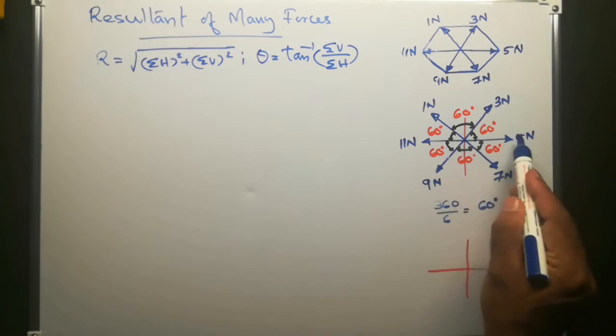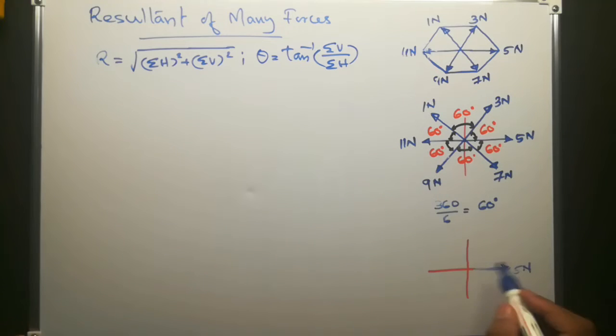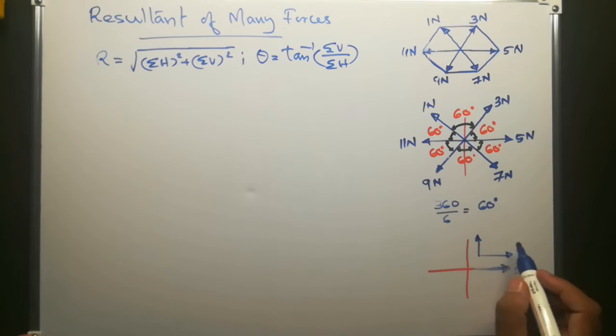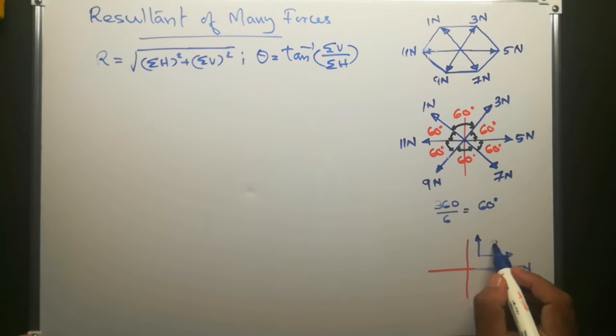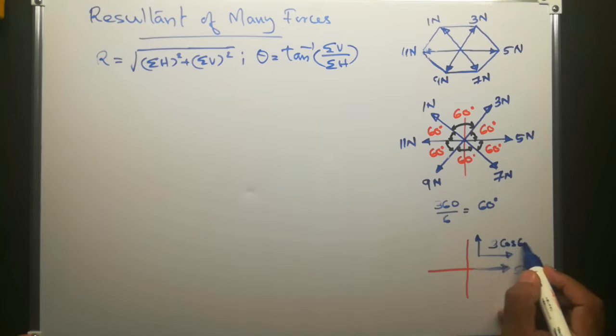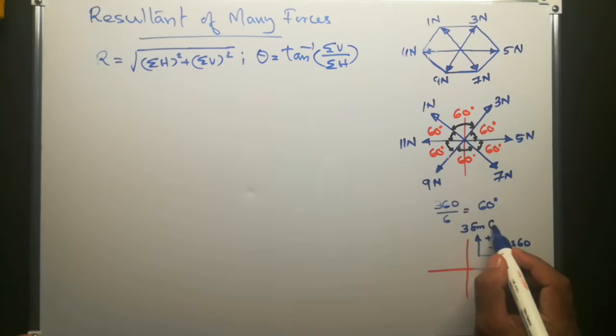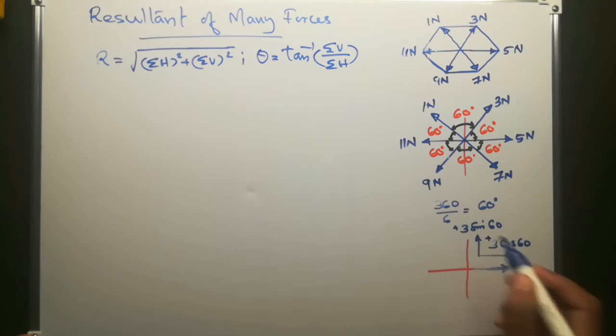The horizontal component of 3 Newton will be like this, and the vertical component will be like this. That is, this will be 3 cos 60, which is plus, and this will be 3 sin 60, which also will be plus.